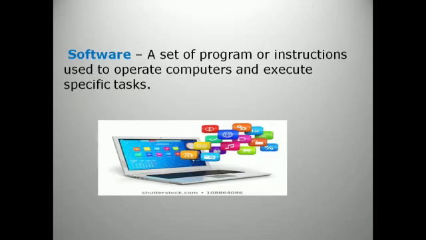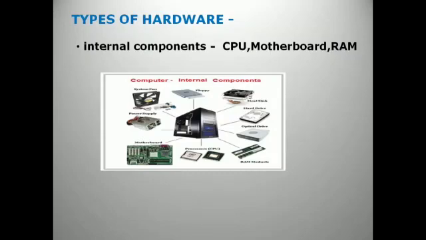A set of programs that tells the hardware what to do. Examples: various types of software available in our computer like MS Paint, Notepad, PowerPoint, MS Excel. Types of hardware: internal components like CPU, motherboard, RAM. I have discussed in the previous class all these internal components.